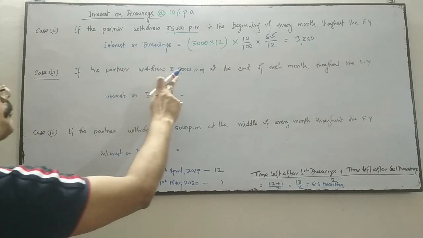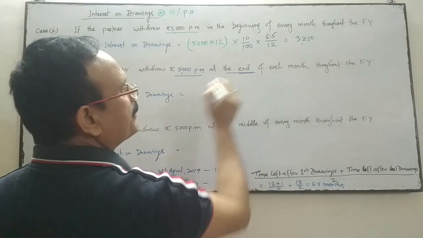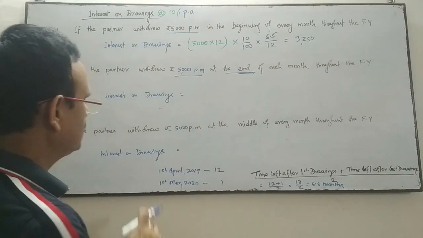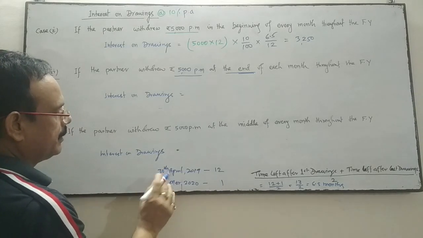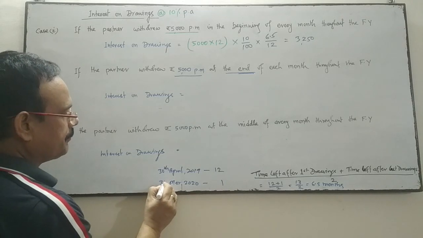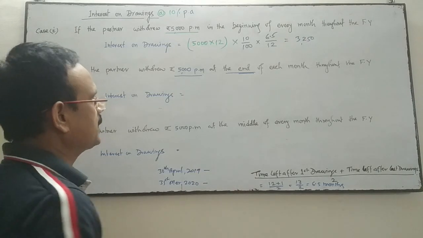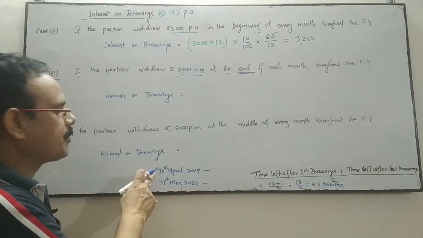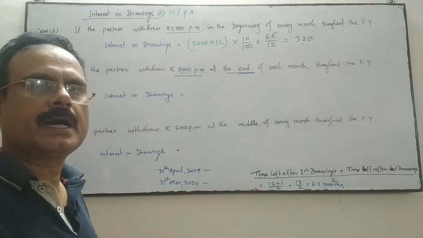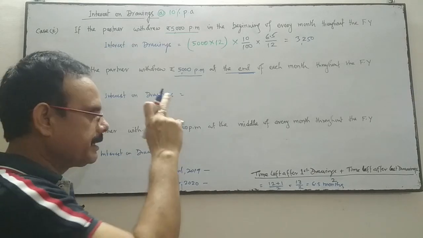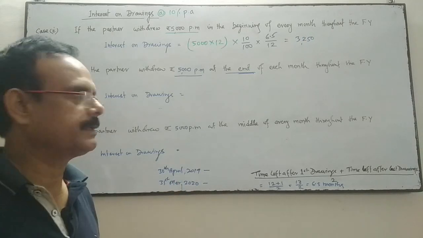Now, second case, case number 2. If the partner withdrew 5,000 per month at the end of every month, the first drawing will be on 30th April, and the last drawing will be on 31st March. If our financial year is April to March, 30th April will be the first drawing, and the last drawing of that financial year will be on 31st March 2020.